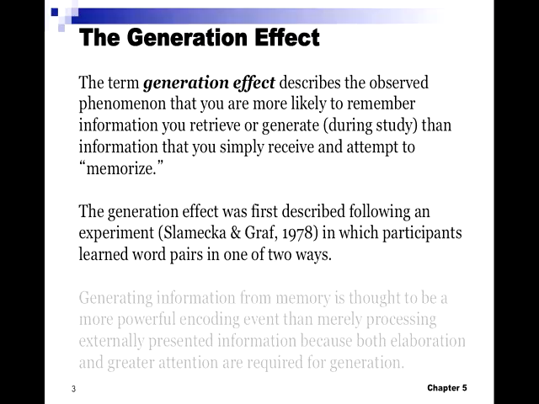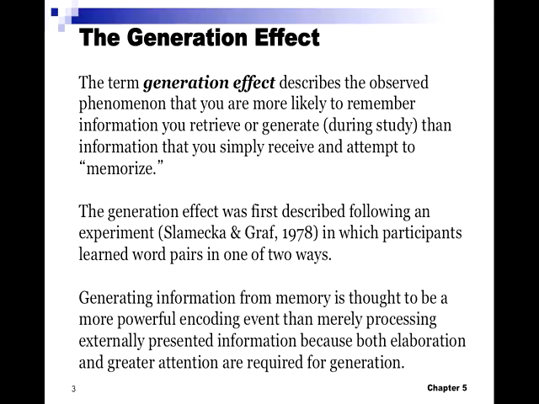Okay, so the generation effect, again, is when you are remembering things better that you generated rather than just simply memorized. And what happened was they gave people a list of word pairs that they had to learn. So I gave you lost, found, train station. Or they gave you lost and train and you came up with your own words.